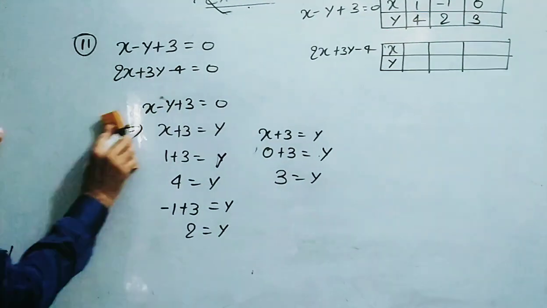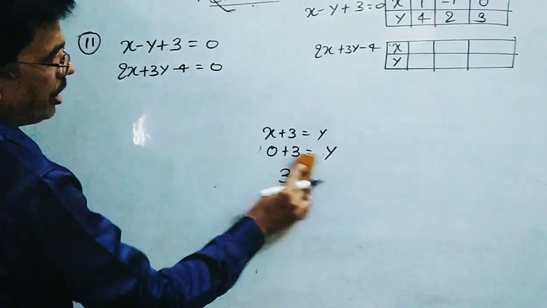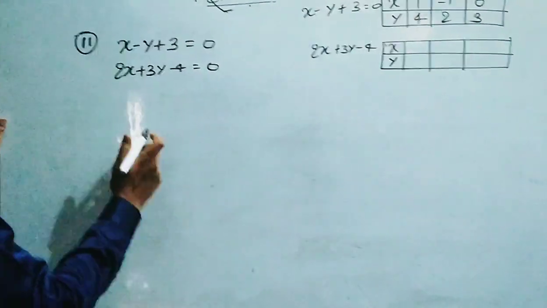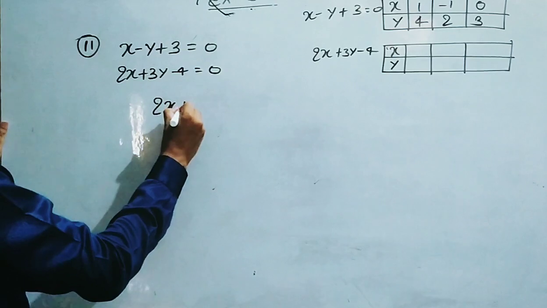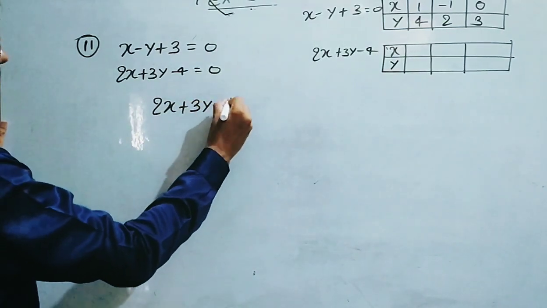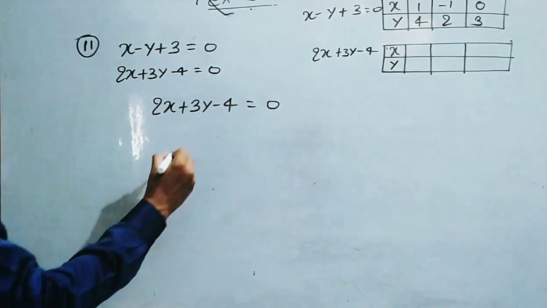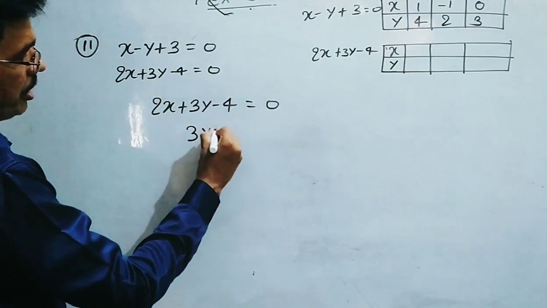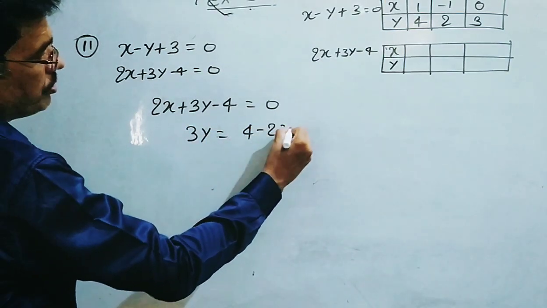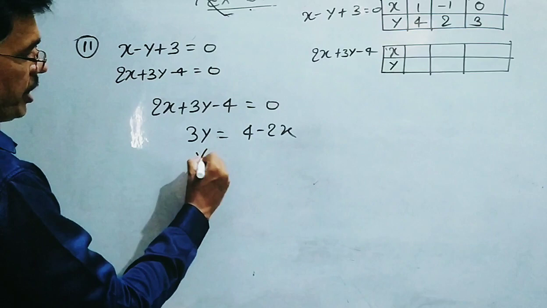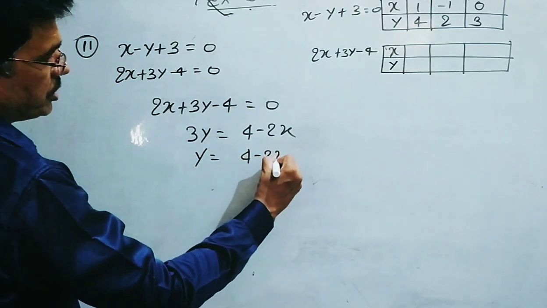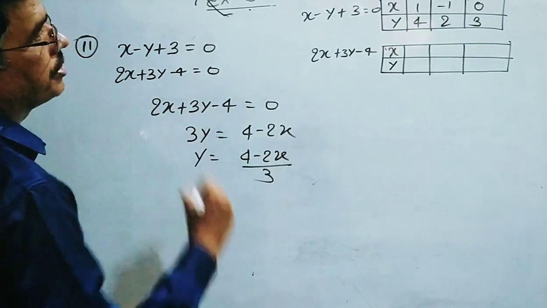Similarly, for the second equation to find the value of x and y, that is 2x plus 3y minus 4 is equal to 0. So what is the value of 3y? It is equal to 4 minus 2x. Then y is equal to 4 minus 2x by 3.